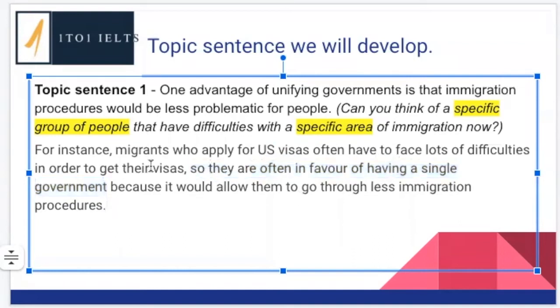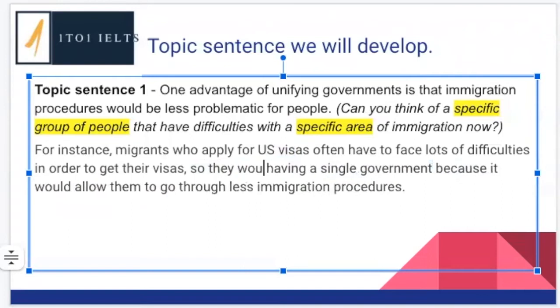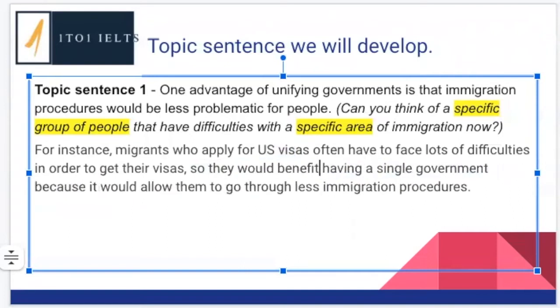So maybe here we could say, they face difficulty. They, rather than being in favor, would benefit from having a single government because it would allow them to go through less immigration procedures. So now, again, all of this, we're using would benefit, would allow, because it doesn't exist, it's all hypothetical.